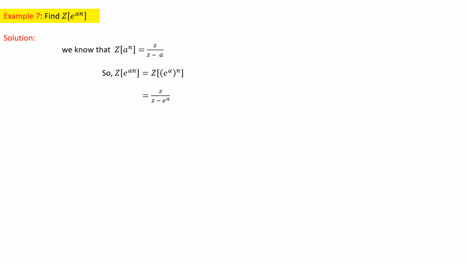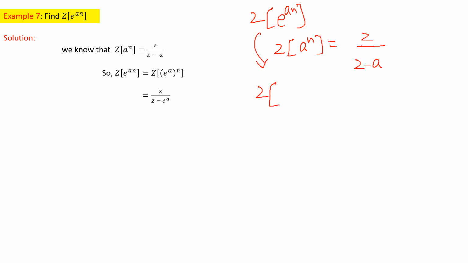Question number 7. We are asked to calculate z transform of e to the power an. We know the rule z transform of a to the power n, that is equal to z by z minus a. So this one I can write z transform of e to the power a, to the power n.